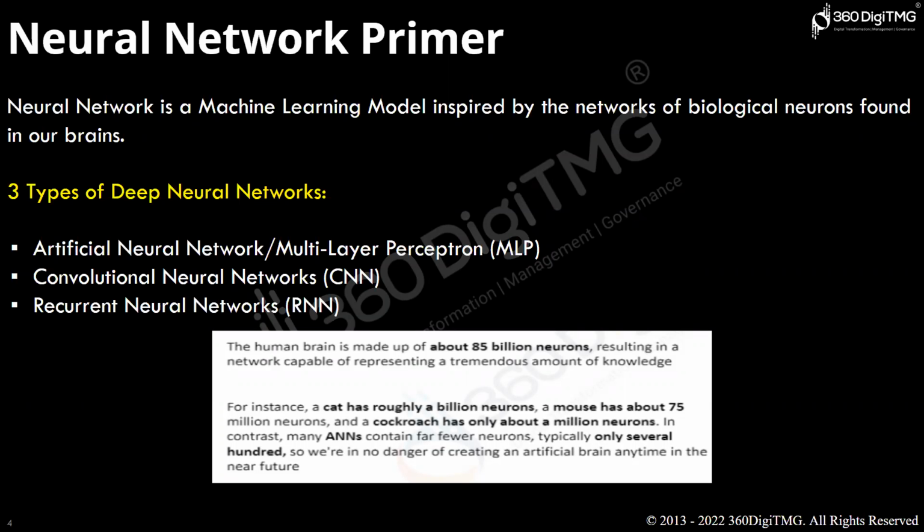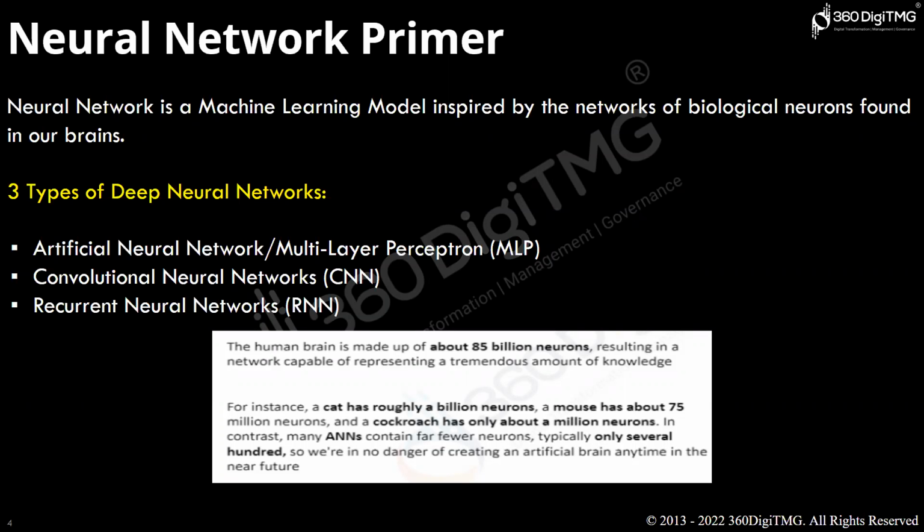So what is ANN? It is an attempt to simulate the network of the human brain, so the computer will be able to learn things and make decisions in a human-like manner. Basically, we are going to see how this ANN works.